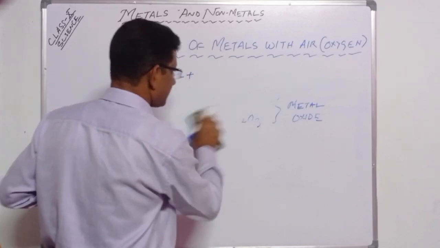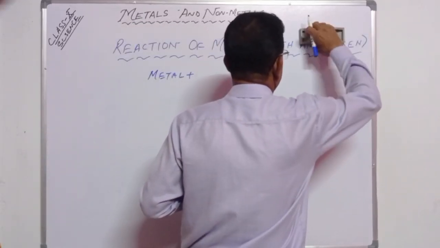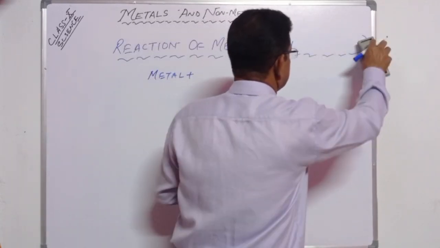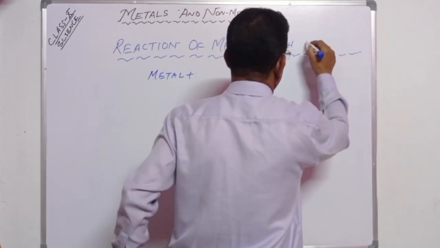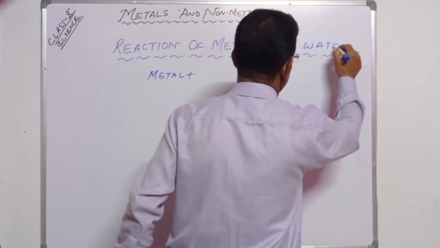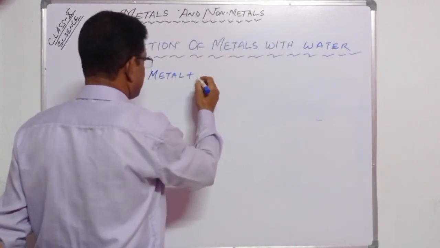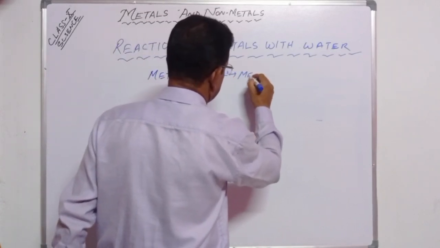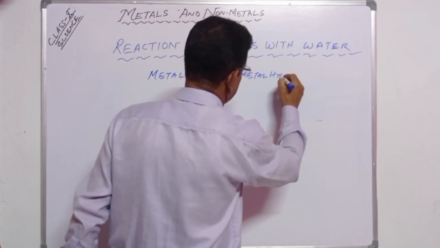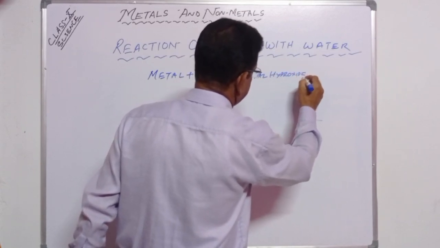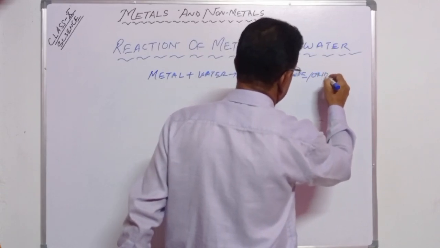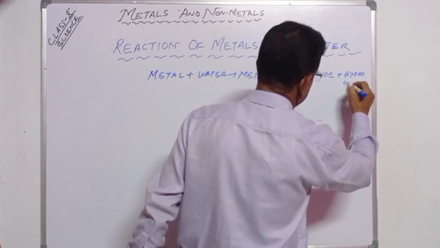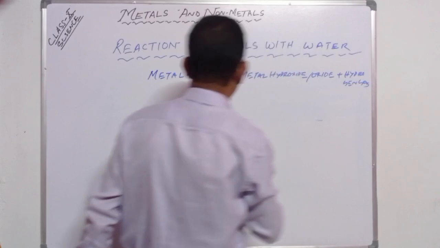Next, reaction of metals with water. So when metal reacts with water, it produces metal hydroxide or oxide plus hydrogen gas.